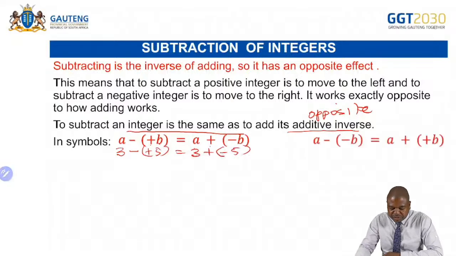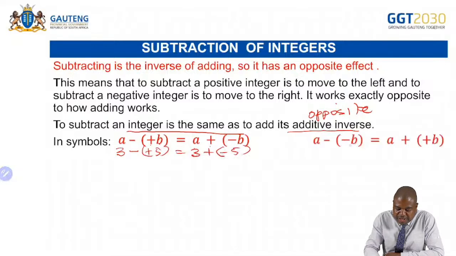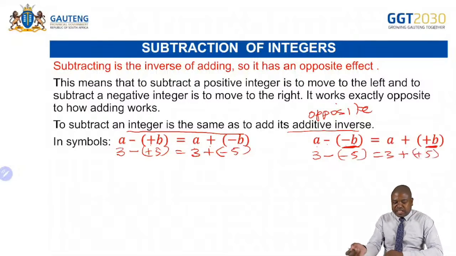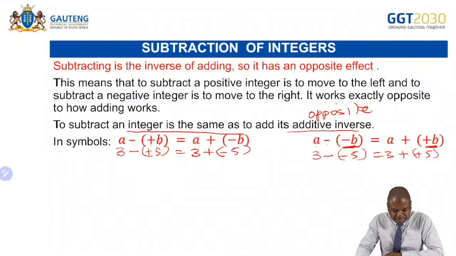Negative 2. And then, if you are subtracting a negative number, like in this case, a minus negative b, it is the same as adding its opposite. The opposite of negative b is positive b, right? If I was using numbers, I was going to say 3 minus -5 is the same as 3 plus 5, because I'm going to get the same answer, which is 8.